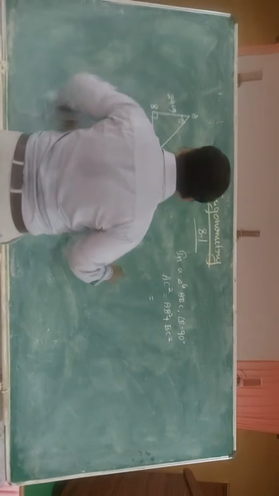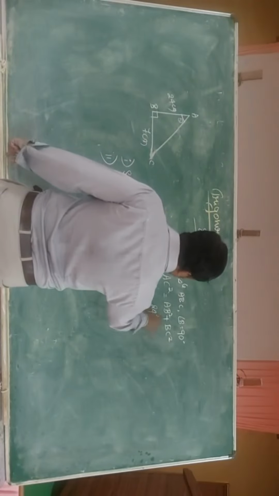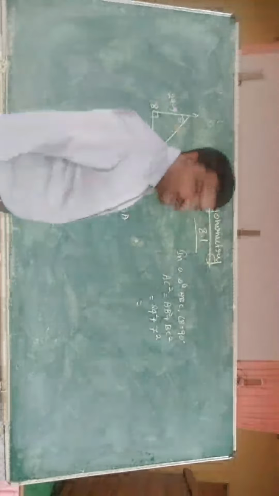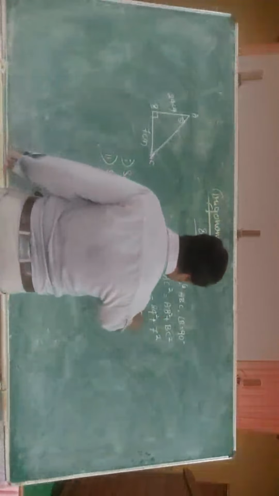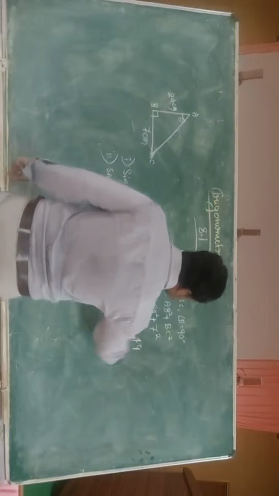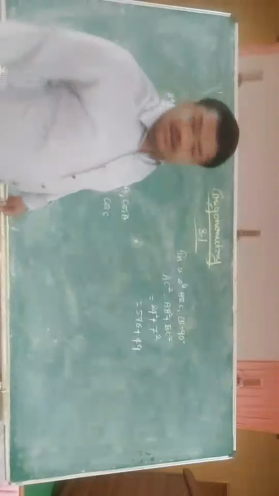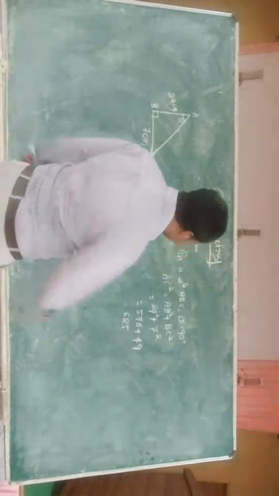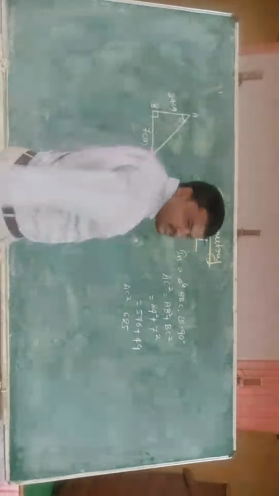Given in the question, 24 square plus 7 square. Square of 24 is 576. Square of 7 is 49. 576 plus 49 is 625. So AC square is equal to 625.